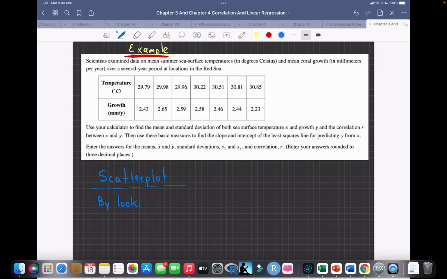By looking at the scatter plot of this data, a straight line seems to be a reasonable model.